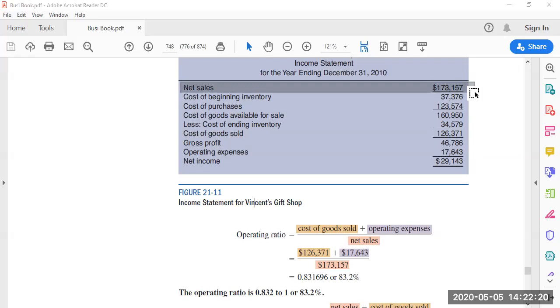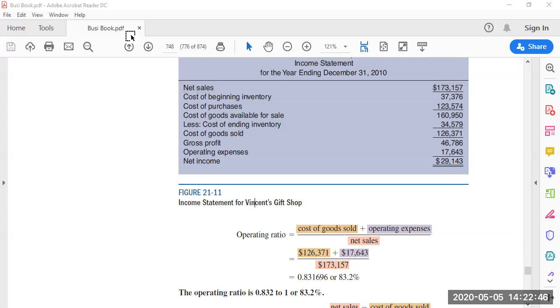In this case, we're looking at 83.2%, 0.832 to 1. So that is showing us what the operating ratio is. How well are our sales covering our expenses? Now, this is not so great.